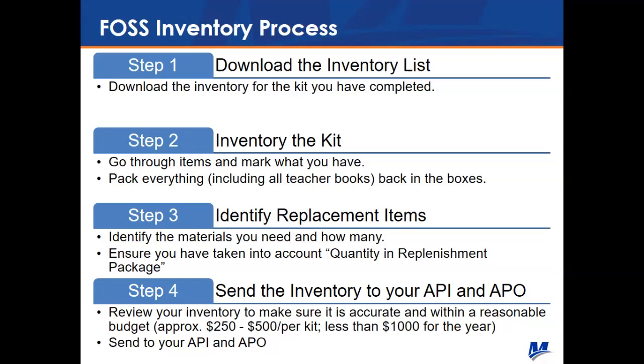So if you're going through your FOSS inventory process and you see that you are exceeding $500 and it looks like also that you're going to exceed $1,000 for the whole year, then you want to have a conversation with your school leaders to make sure that you're not over asking for materials, that those are items that are all truly needed, and that this is something that works within your school budget.